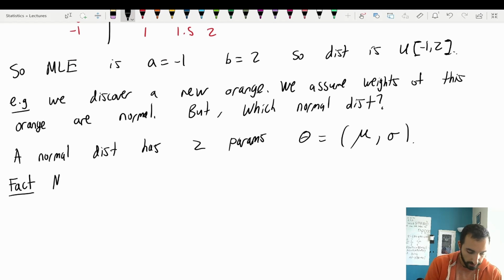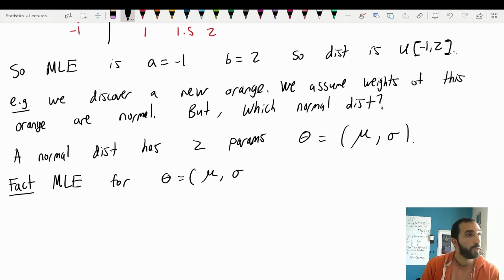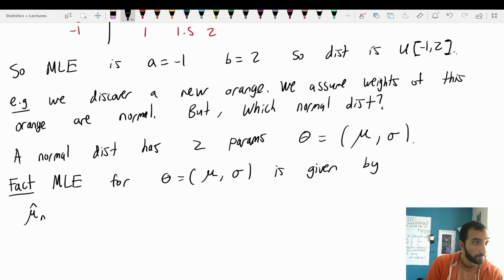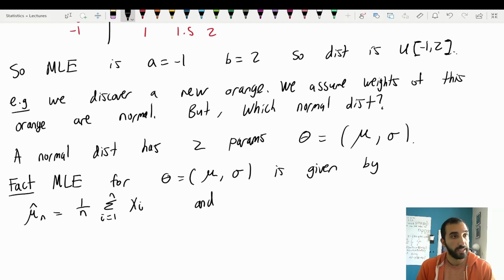The maximum likelihood estimate for mu and sigma is given by, for normal distributions, just to be clear, the sample mean and the standard deviation.